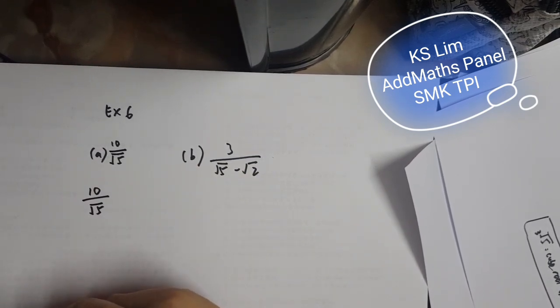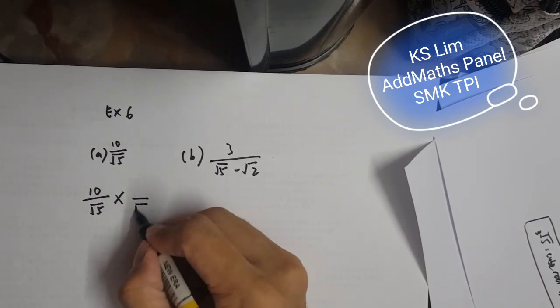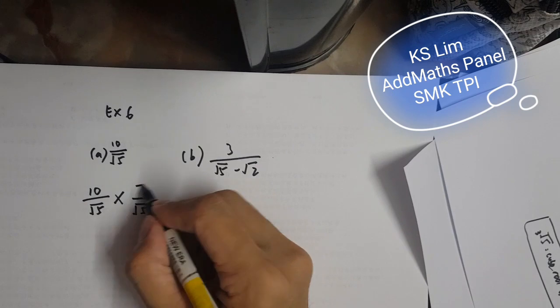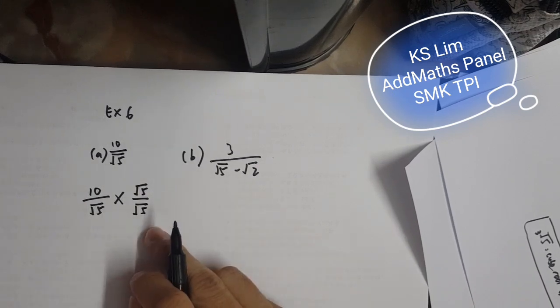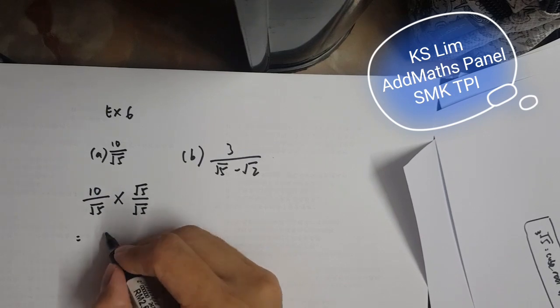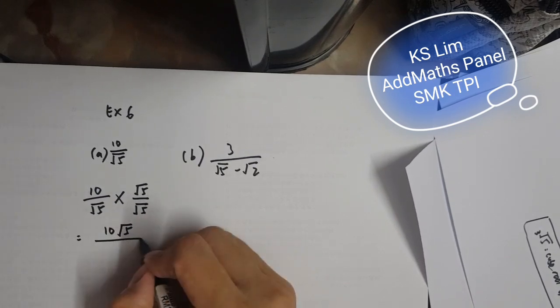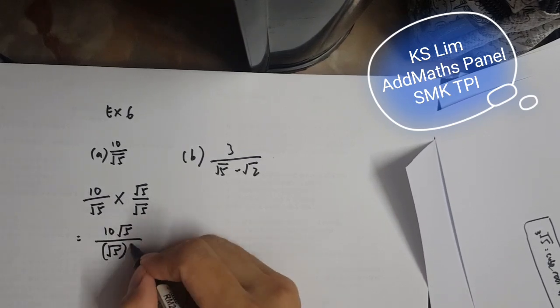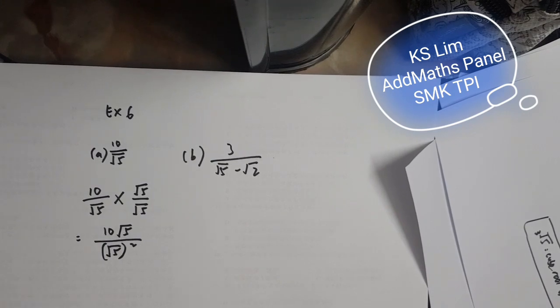Just now, you want to form a conjugate, so it means that you want to simplify or eliminate the surd in the denominator, so you can multiply the denominator. This one equal to 1, right? So square root 5 multiply square root 5. Betul? Nampak tak?